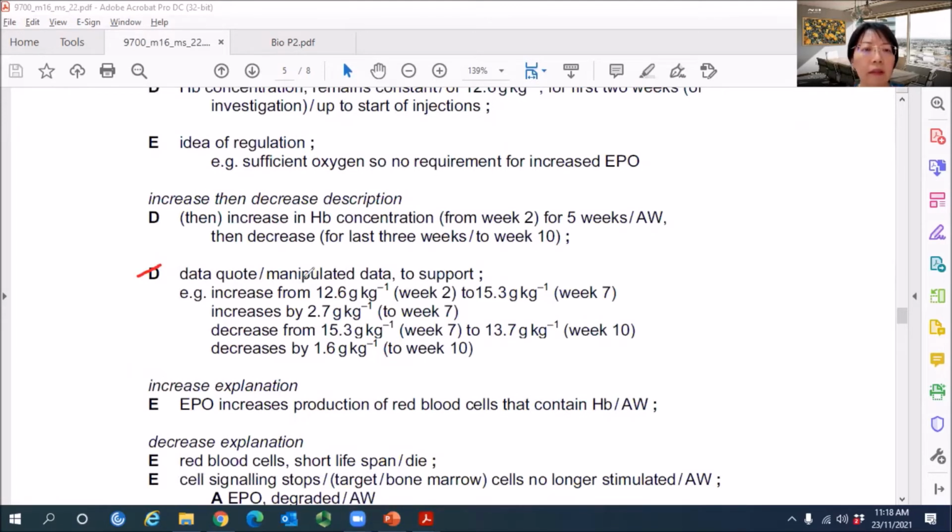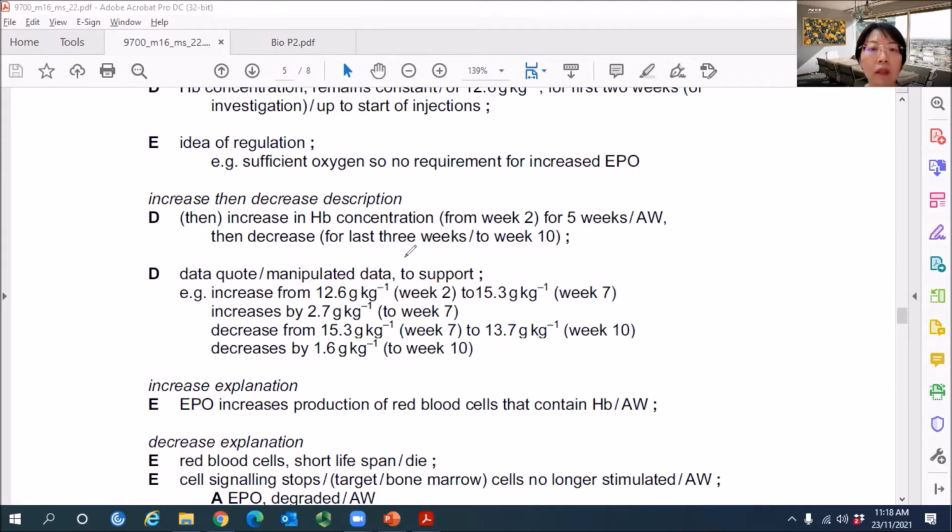The data must include both the y-axis value, the y1, y2, and the x1 and x2. It's safer to quote both pairs of figures to score. Always quote both pairs, that means x1, x2, y1, y2, to secure the mark.